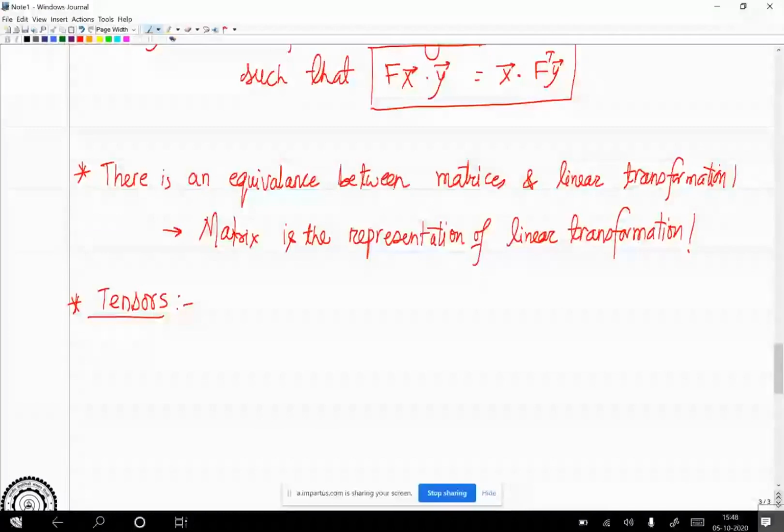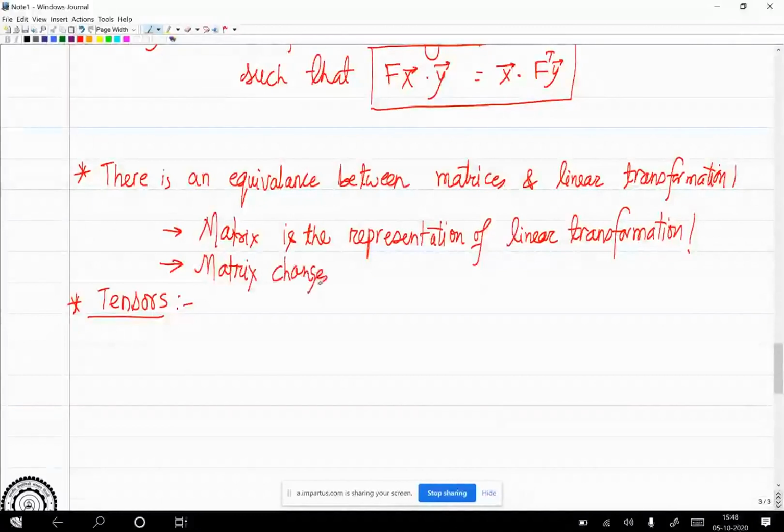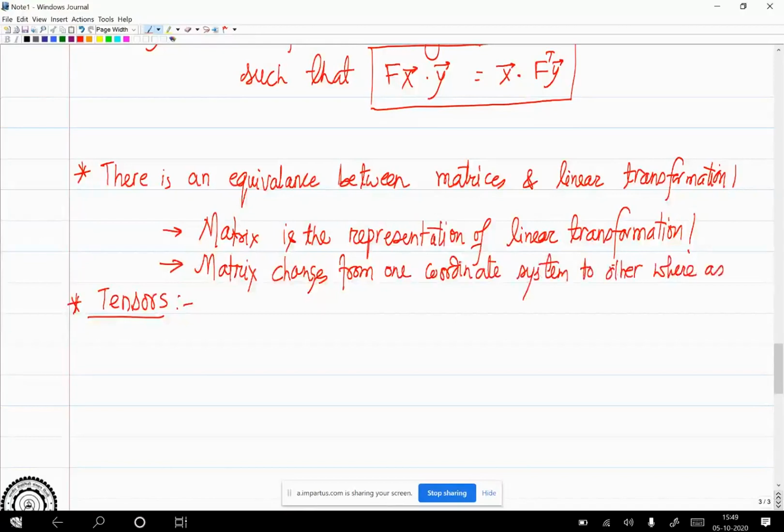So I can make that remark here: a matrix changes from one coordinate system to another, whereas the linear transformation remains the same.